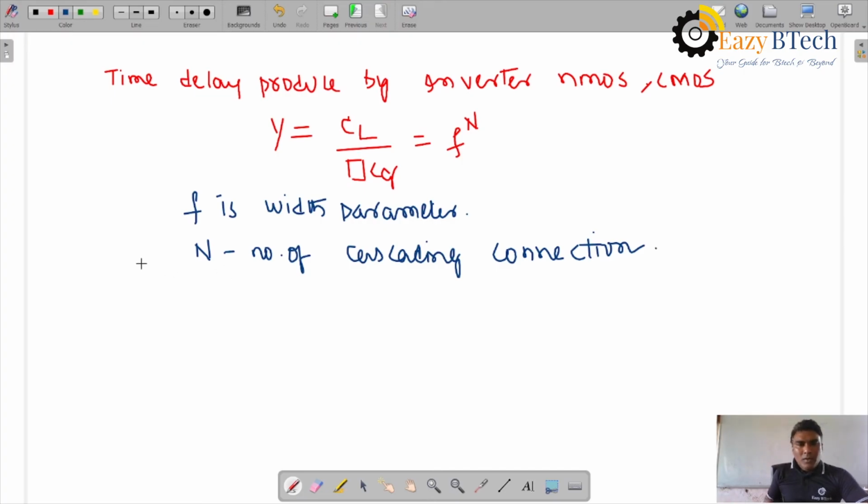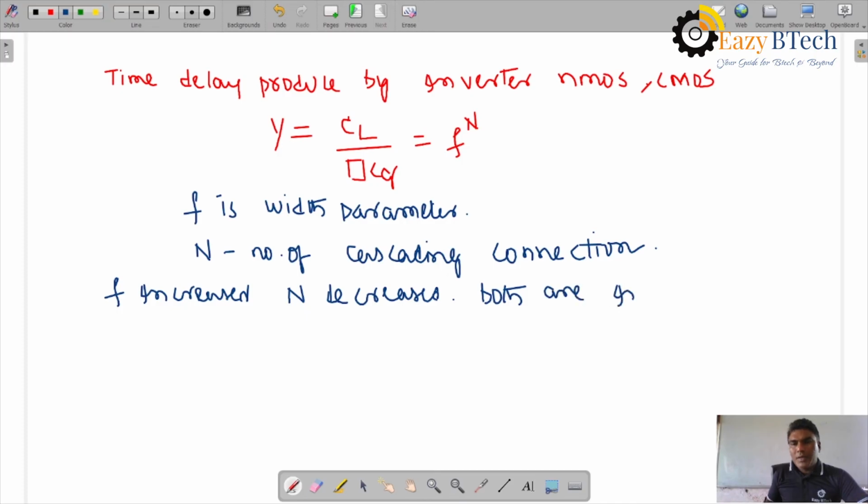So as f increases, n decreases. When the width increases, the number of cascading connections decreases. F increased, n decreased. So both f and n are interdependent.